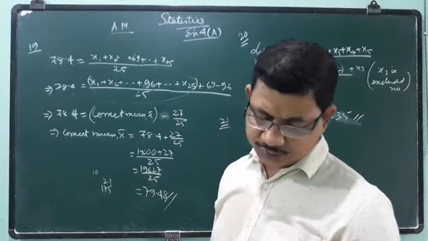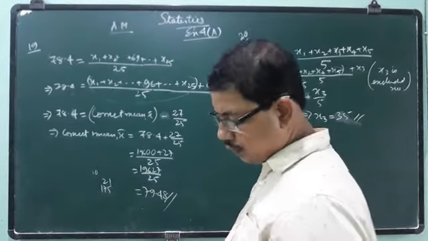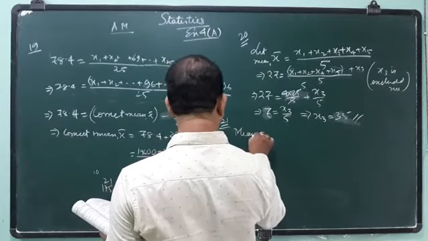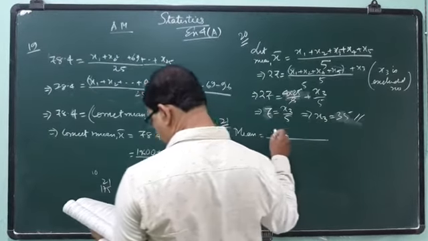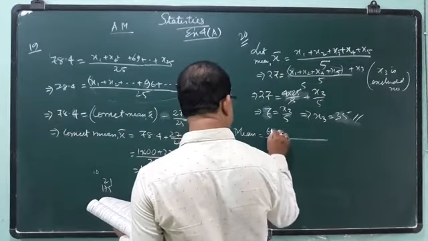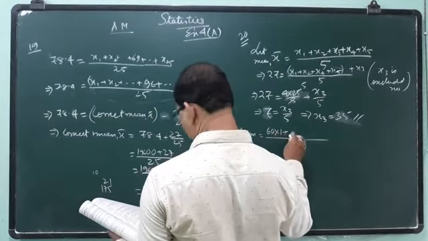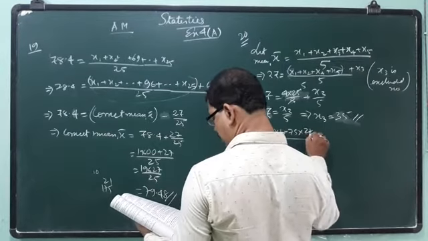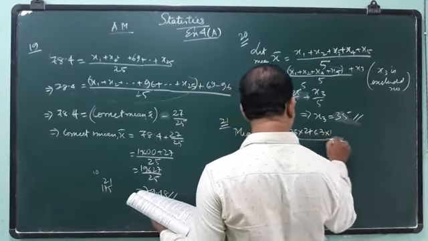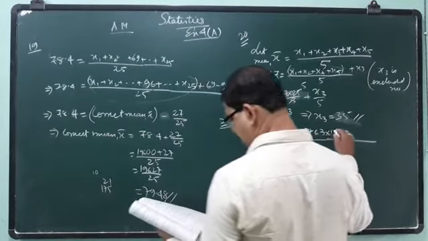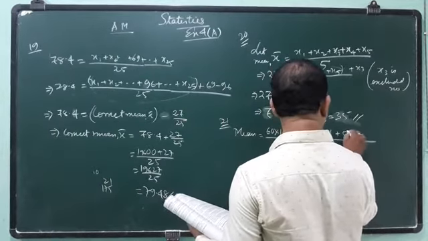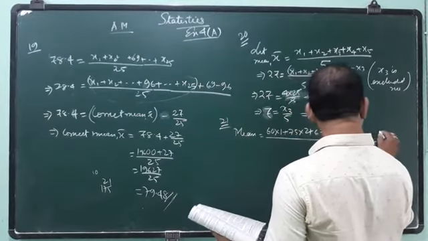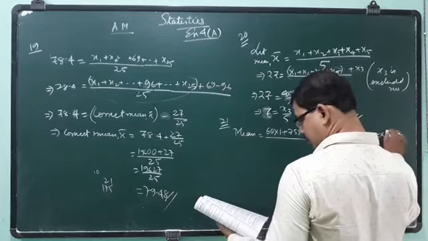So the required weighted mean formula is that every term should be multiplied by its weight: 60 into 1, 75 into 2, 63 into 1, plus 59 into 3, plus 55 into 3.